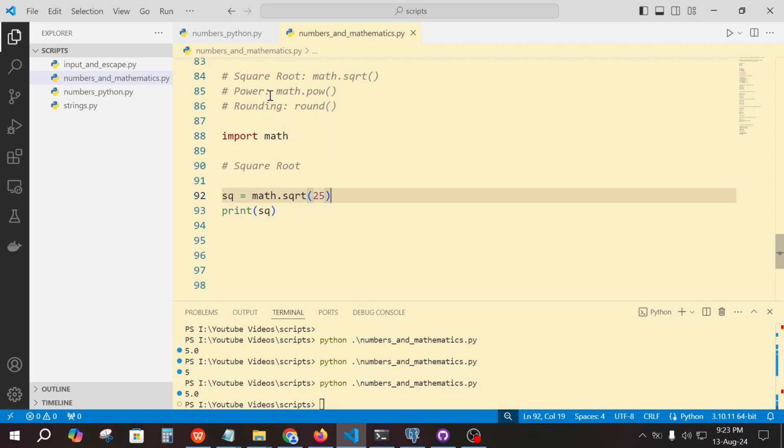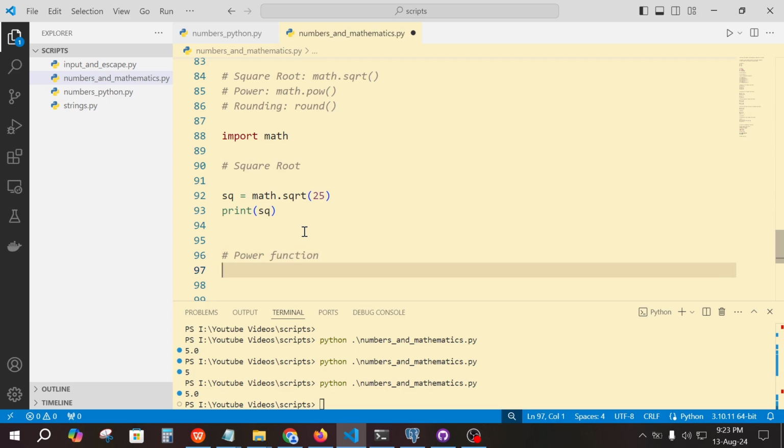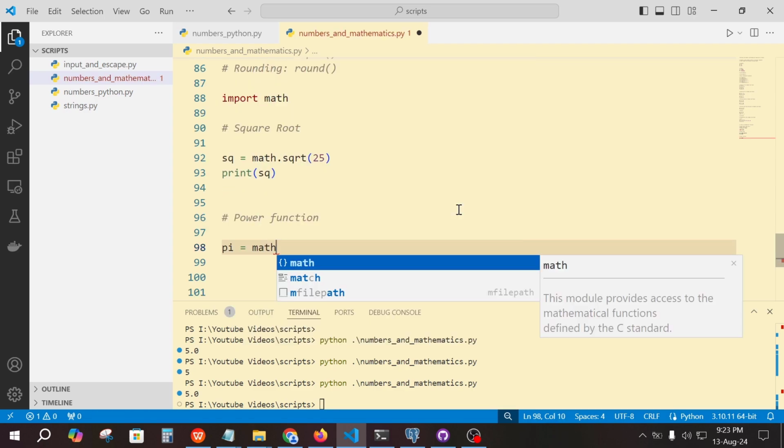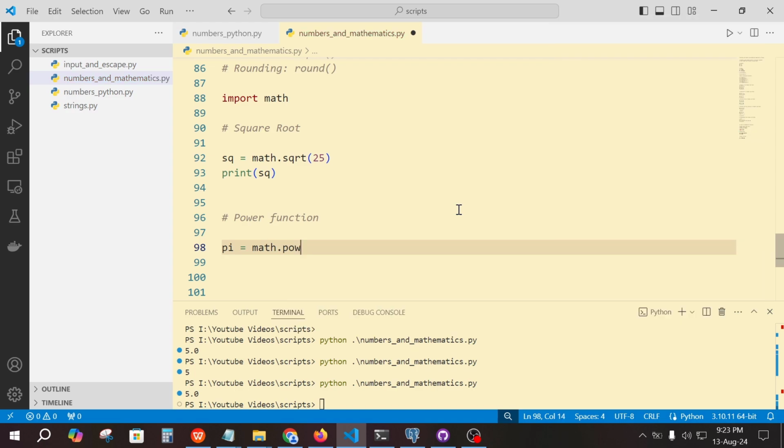Okay, and the next function is the power function. Let's say we have pi equals math.pow.